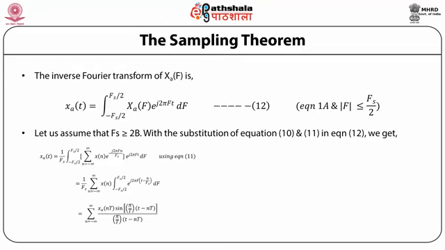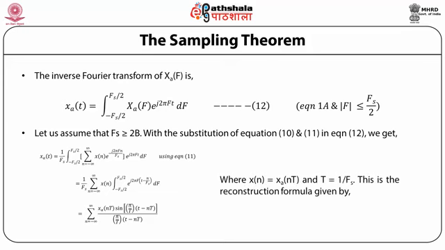So now simplifying, we get finally the summation n equal to minus infinity to infinity of xa(nT) multiplied by sine of pi by T multiplied by (t minus nT) divided by pi by T multiplied by (t minus nT), where x(n) is equal to xa(nT) and T equals 1 by fs.